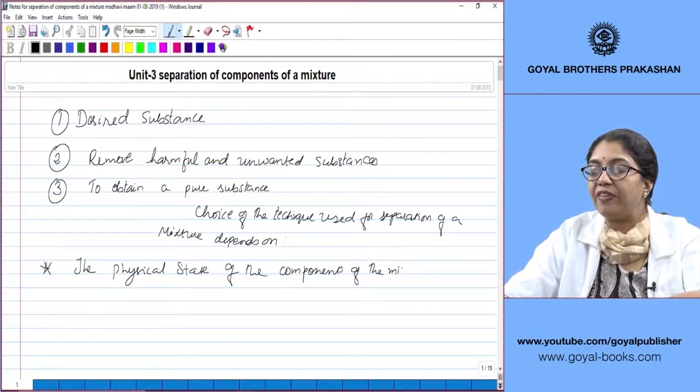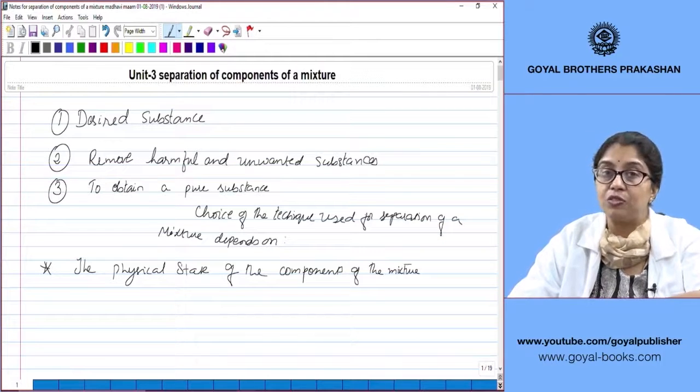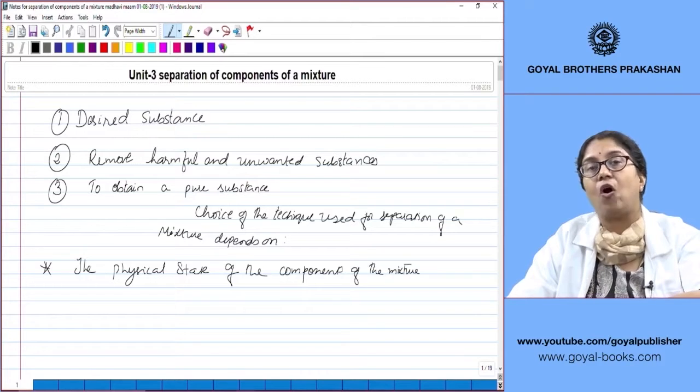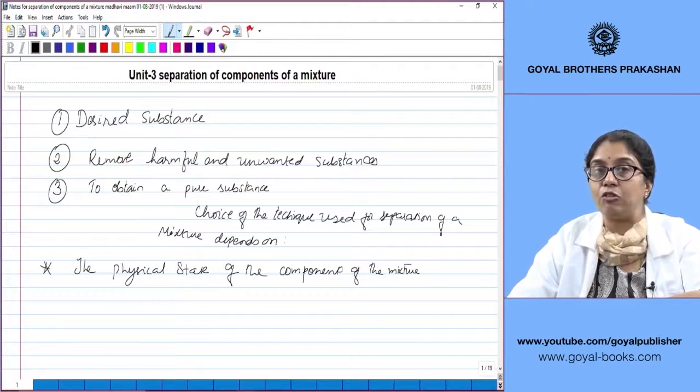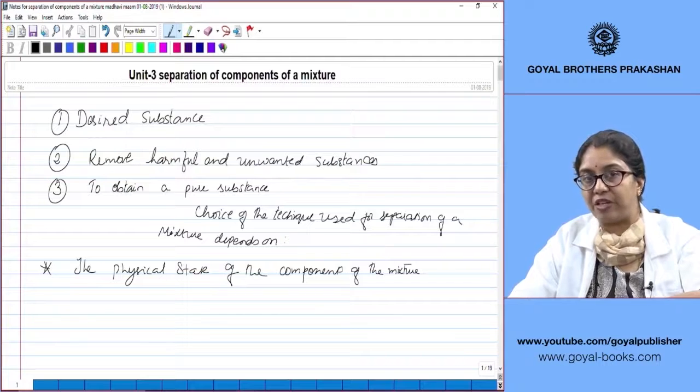Meaning, whether the mixture has two components, three components or more, and what is the physical state of these components: whether all are in the solid state, or one is in the solid state and the other in the liquid state, or either of them is in the gaseous state. So, we need to decide which technique to apply based on the physical state of the components of the mixture.